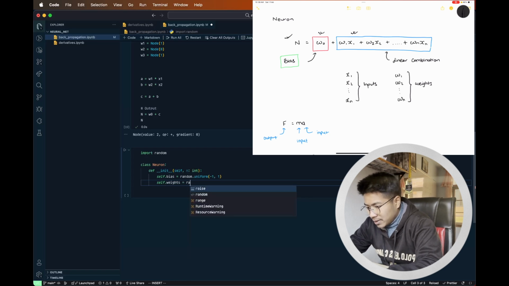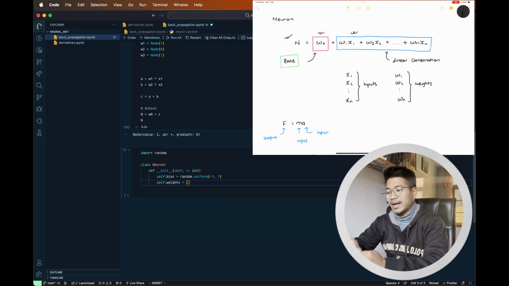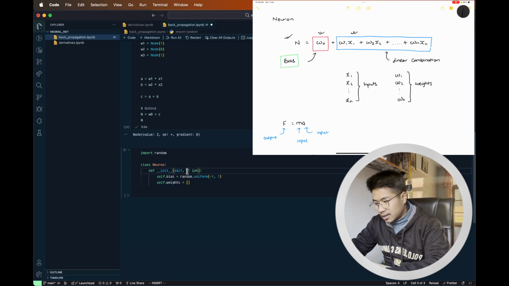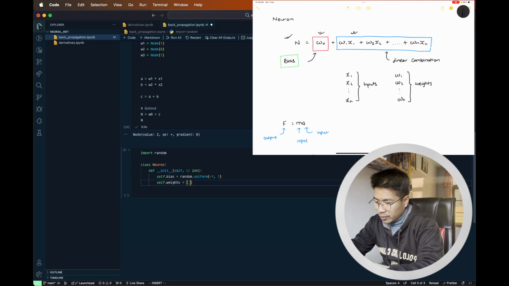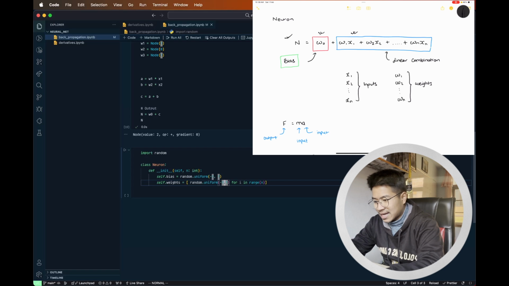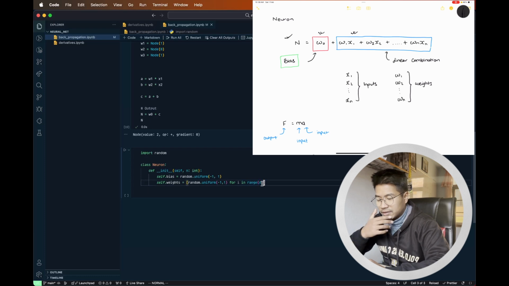Weights should be a list, and the number of items in that list should be n. So the way I do that will look something like this: for i in range(n), I want random dot uniform. There's nothing to be scared about. This is just a syntax in Python to generate n random numbers.